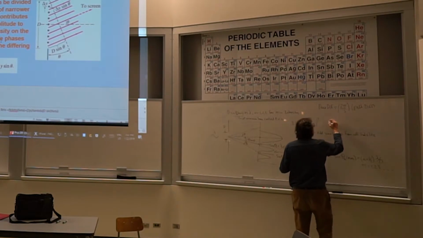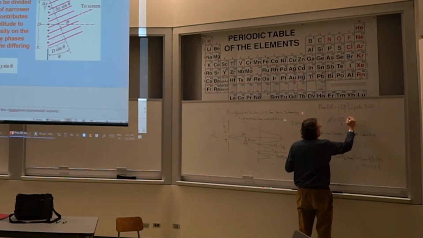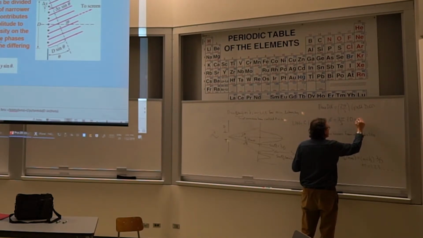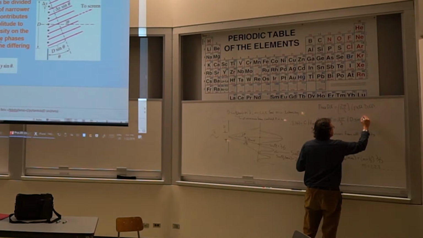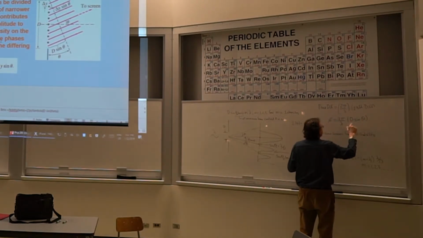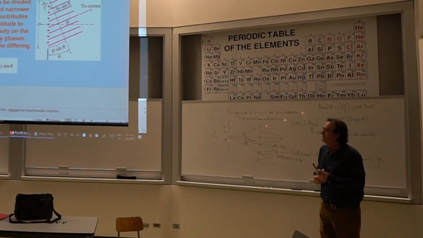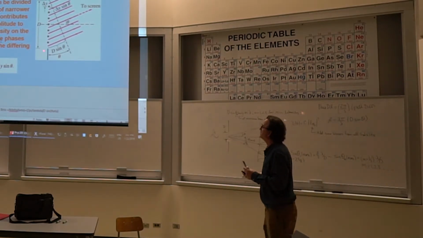And beta is equal to 2 pi over lambda times D sine theta, which is the phase difference between the rays arriving from the top of the slit compared to those arriving from the bottom of the slit.